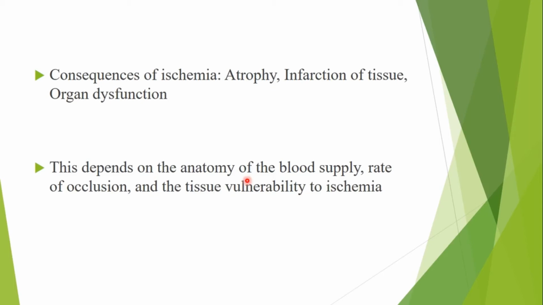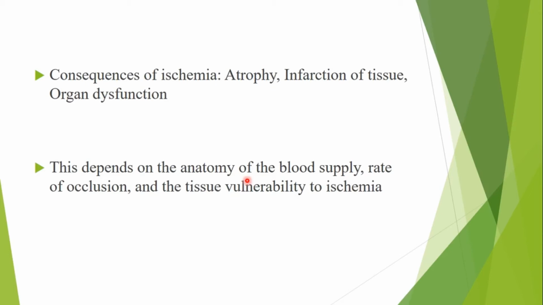Another factor that can determine the outcome of ischemia is the rate of occlusion, and generally speaking, slowly developing occlusions are less likely to cause infarction because they allow time for the development of collateral blood supplies. And the third factor that can determine the outcome of ischemia is the vulnerability of the tissue to ischemia. Different tissues have different vulnerabilities to ischemia.